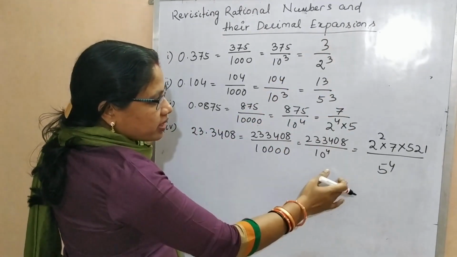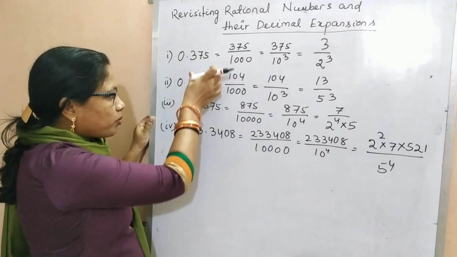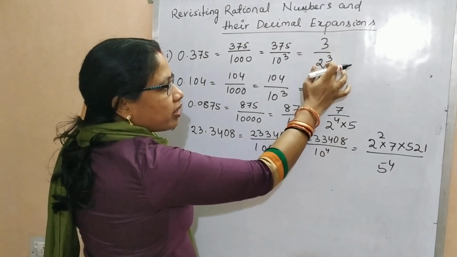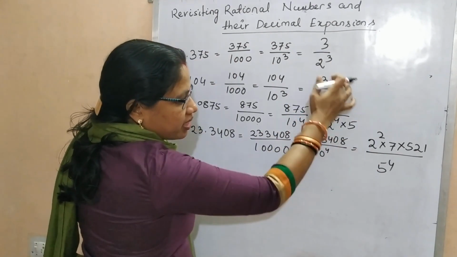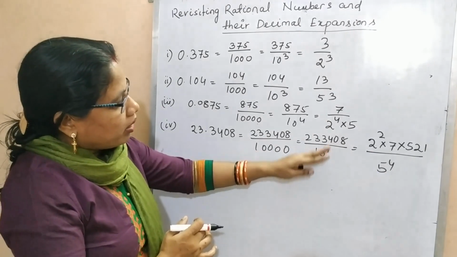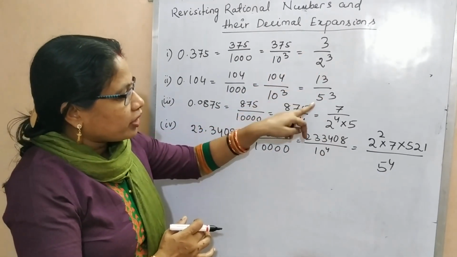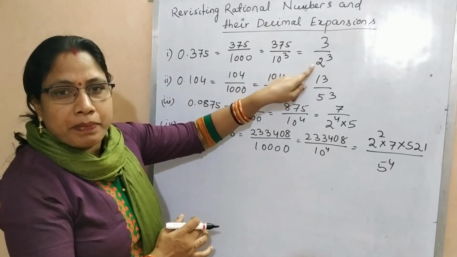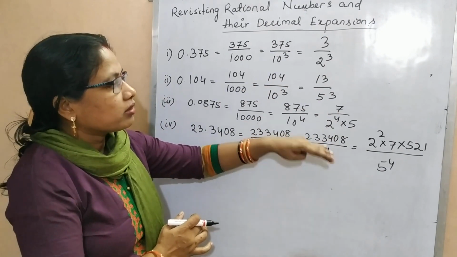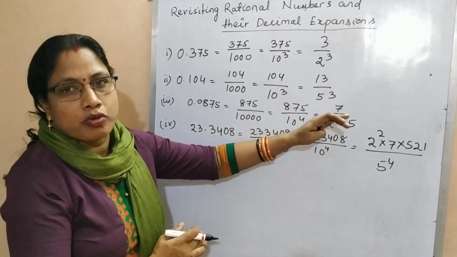So in all the cases, the lowest form of the rational expression of terminating decimal numbers has numerator and denominator co-prime. From this we learn that in every case the prime factorization of all the denominators is either the product of powers of 2 or 5 or both.